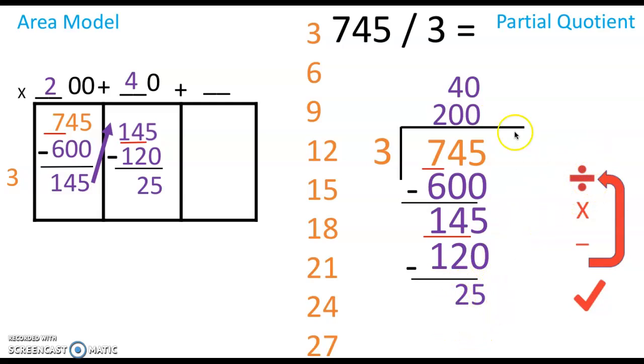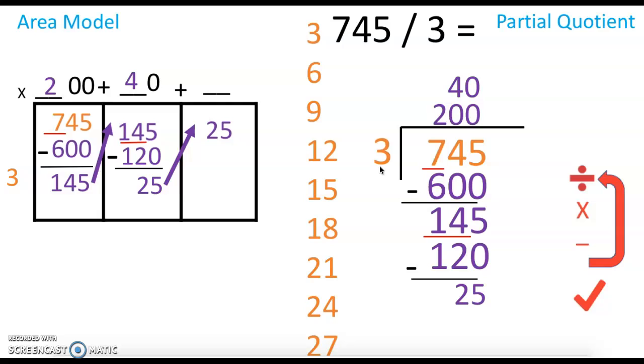Now let's think. We've done the hundreds place, we've used the tens place, so now we're on to the ones place. But we had some left over from our tens place, and we can't forget them. We have to use that. So we need to think, if we have 25 babies and 3 people, how many babies would everyone get?